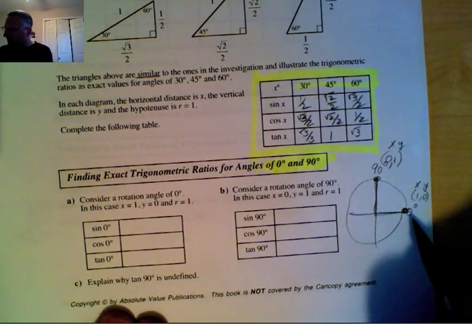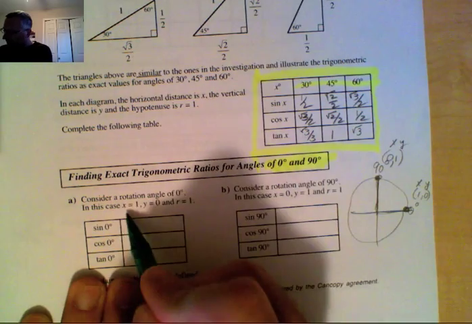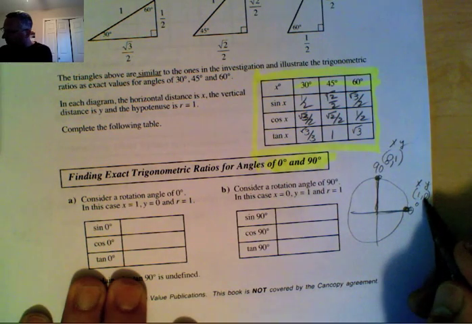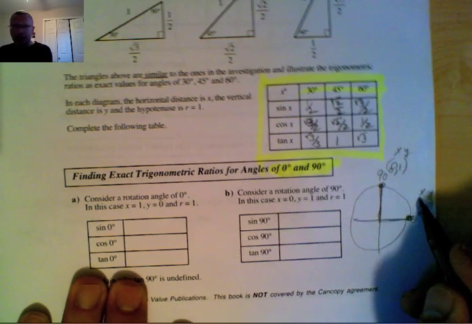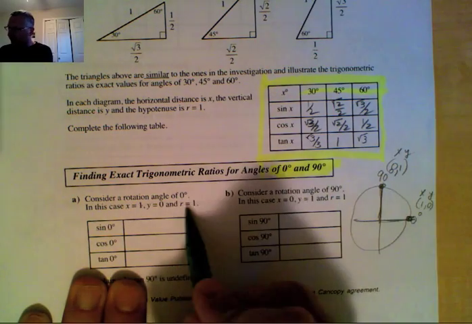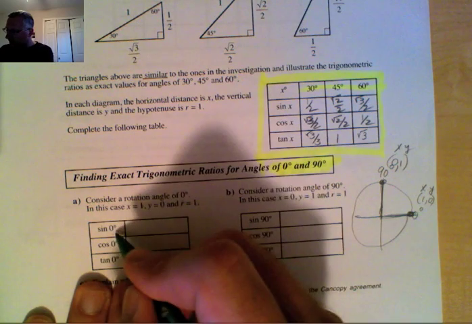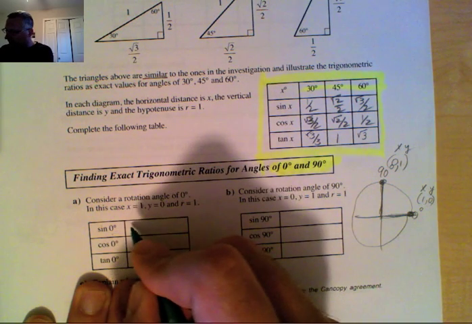So if we look at the sine of 0 degrees, well, in this case, because we have the point 1 and 0, we know that x has a value of 1, y has a value of 0, and our radius is 1, so r has a value of 1. So sine is y over r.